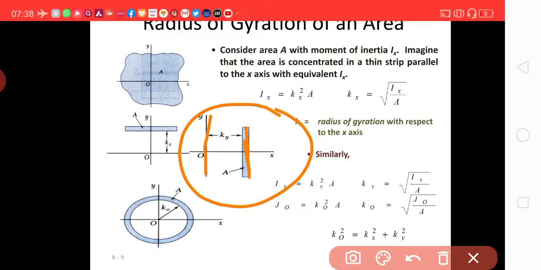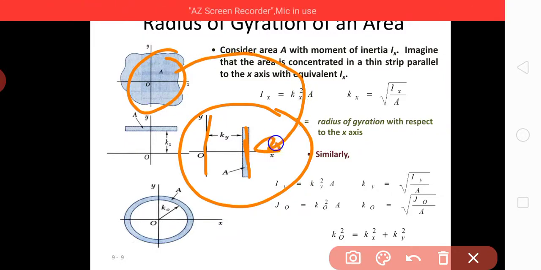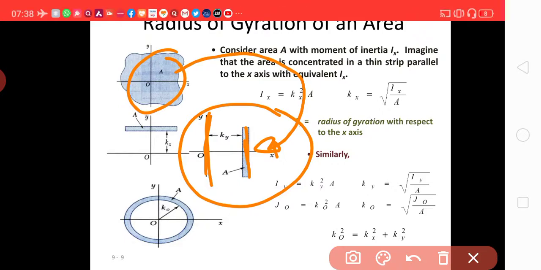This ky should be such that the moment of inertia of this area when concentrated into a strip remains the same, because you know that the distance from the reference axis is squared in the moment of inertia.